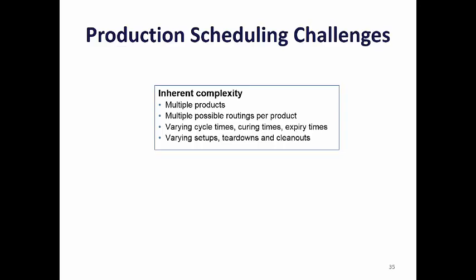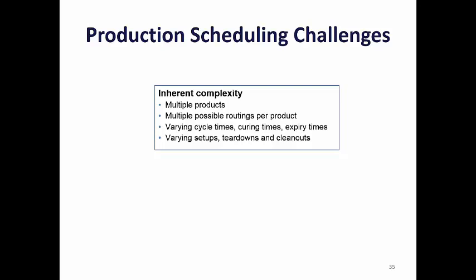There might be multiple possible routings per product because workstations back one another up or cycle in parallel. The various products at various stations have cycle times and curing times that vary. If we're talking about food or certain substances, expiry times. They can't wait too long between processes.